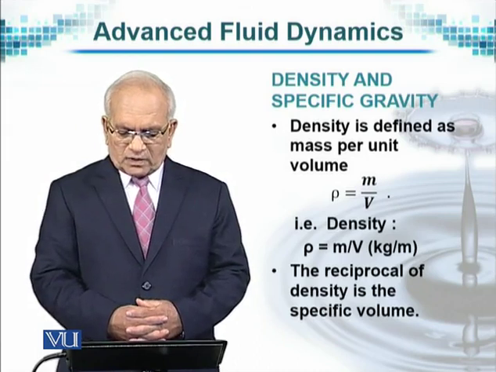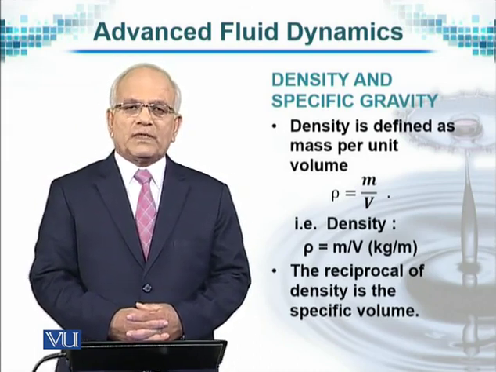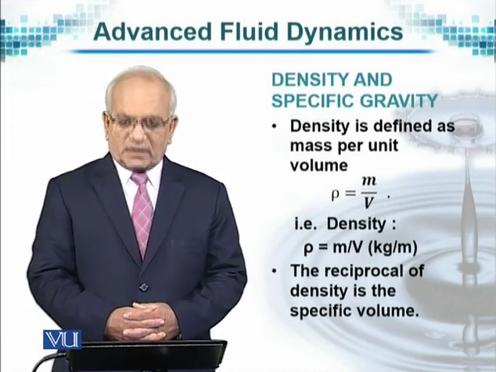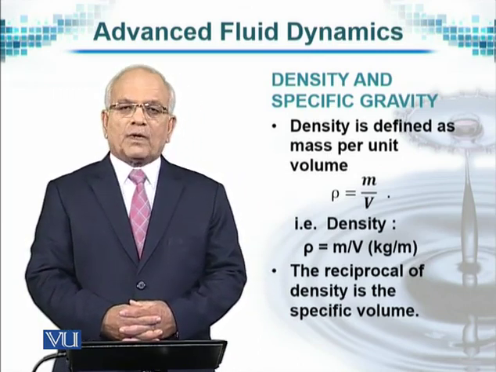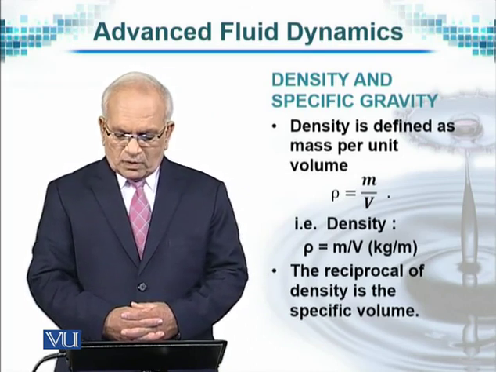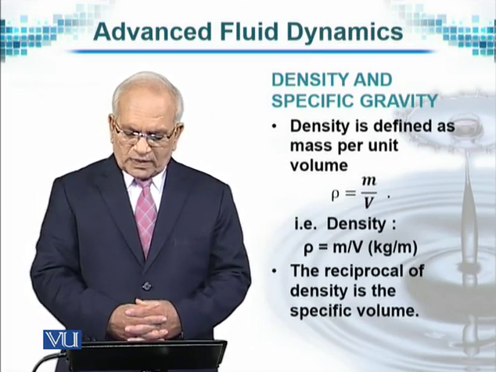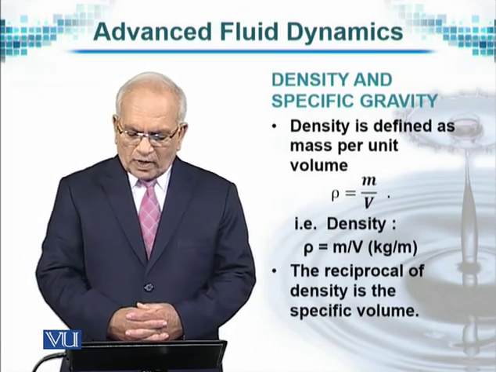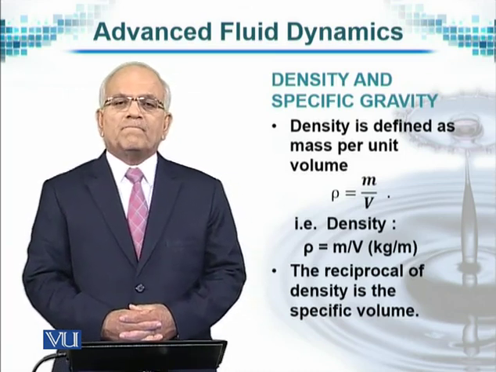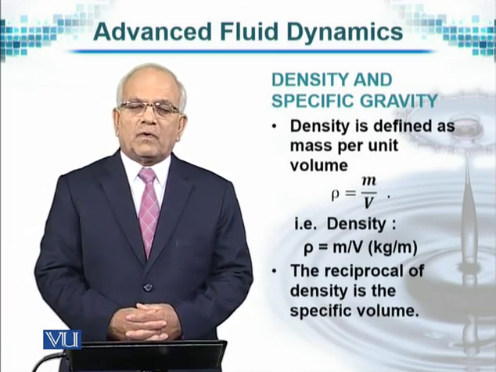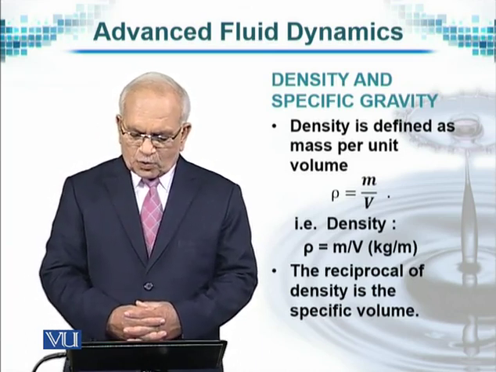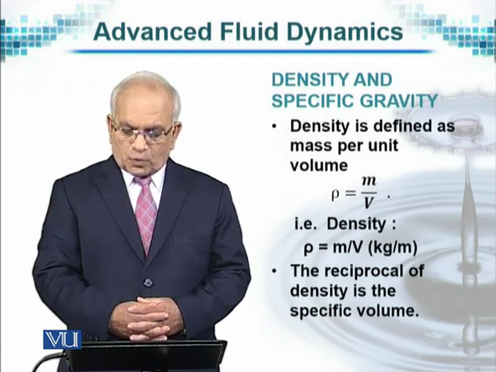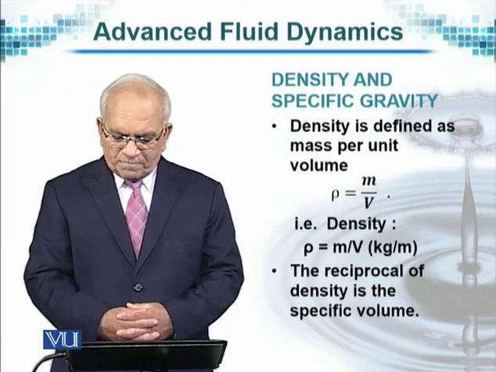And since we are talking about only the fluids, we limit our discussions to these parameters for fluids only. Density normally is denoted by rho, and it is calculated by computing the ratio of mass over the volume. It is written as rho is equal to mass over total volume, m over v.